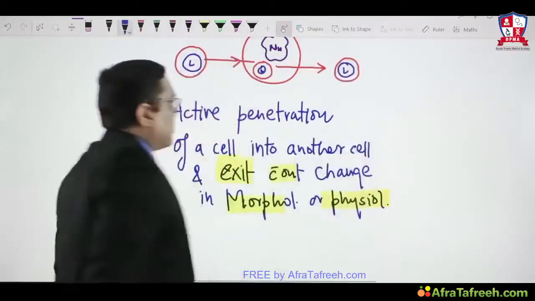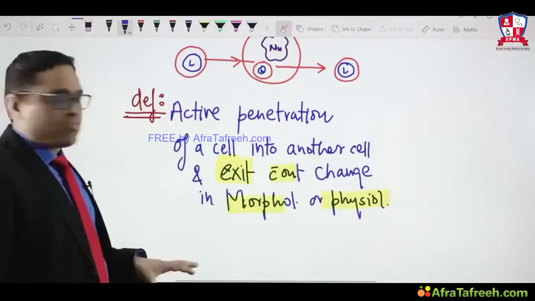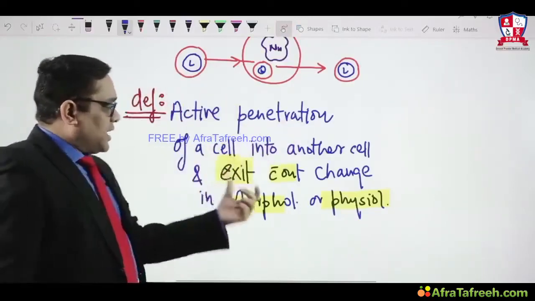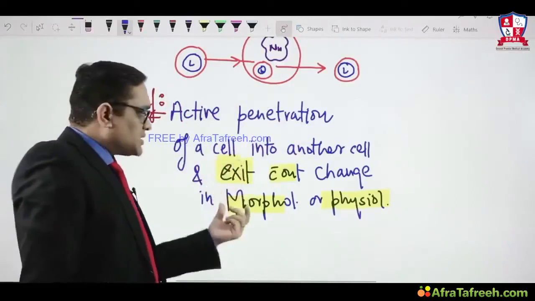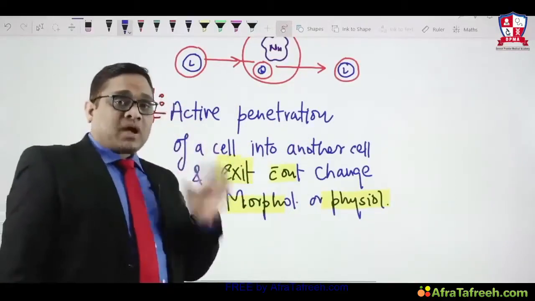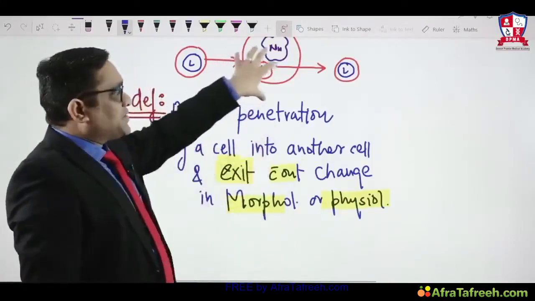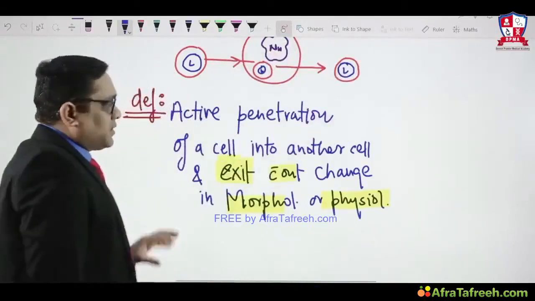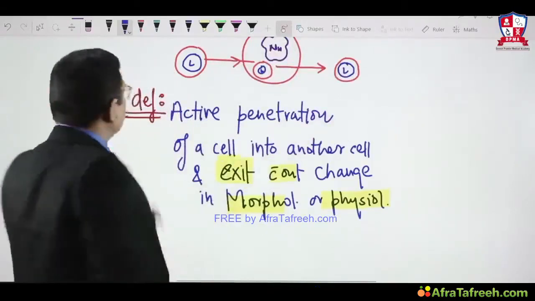The same lymphocyte has come out, right? So this is called emperipolesis, active penetration of a cell into another cell and coming outside without changing their morphology or physiology. But in phagocytosis, they will be killed at that place itself. They will not be coming out like this. So that is the difference between emperipolesis and phagocytosis.